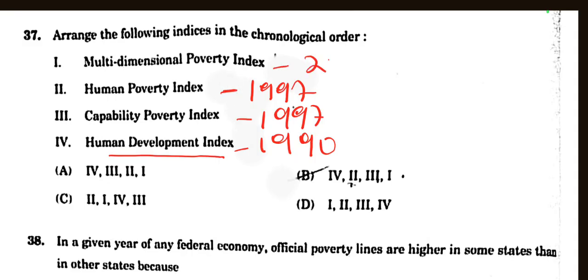So the chronology is first the Human Development Index, option IV, then 3 2, then 1: IV 3 2 1.